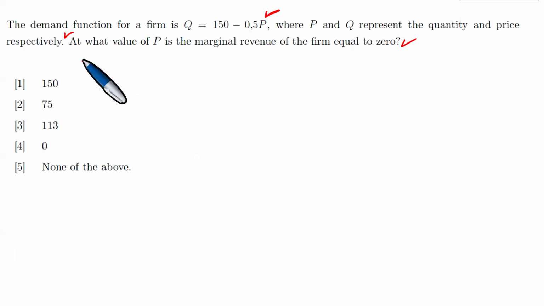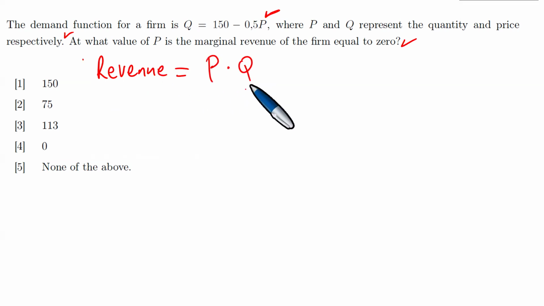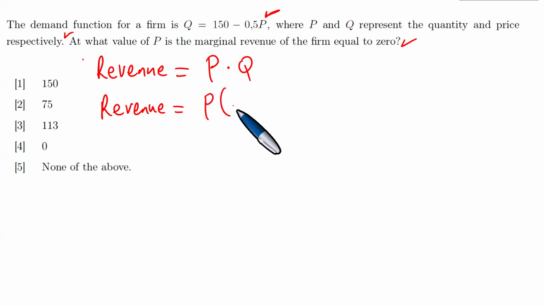Right, first we find the revenue. What is the revenue? In other words, revenue is price multiplied by quantity. So that revenue is the price times the quantity.